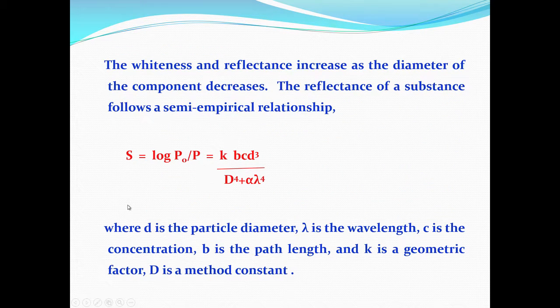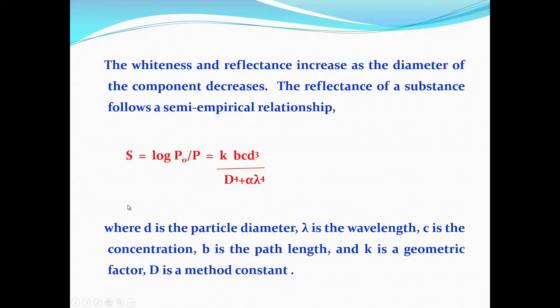So, the whiteness and reflectance increase as the diameter of the component increases. This is a very simple conclusion. You do not have to be a mathematician to say such things, but the reflectance of a substance is also a semi-empirical relationship.